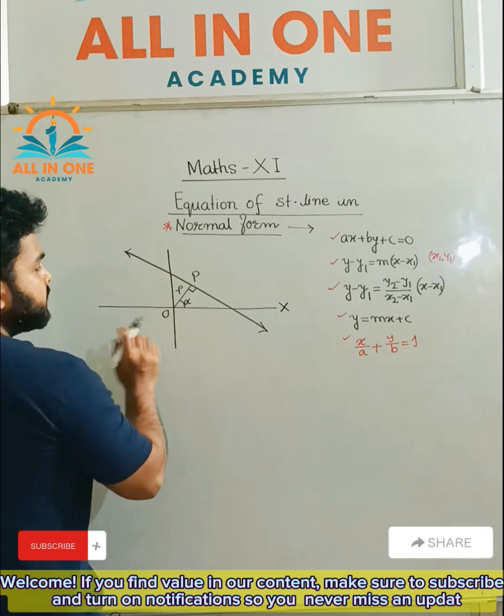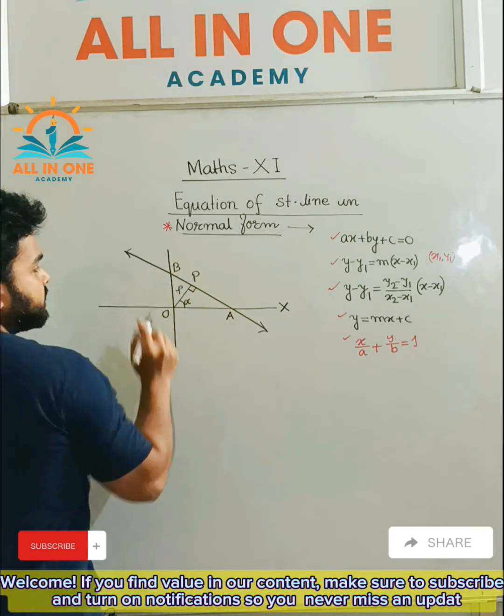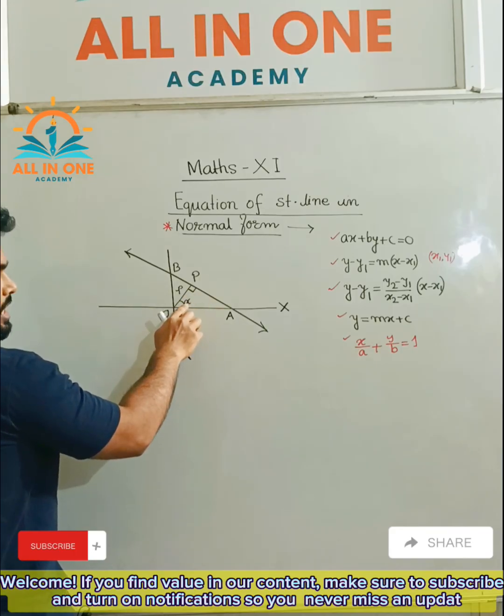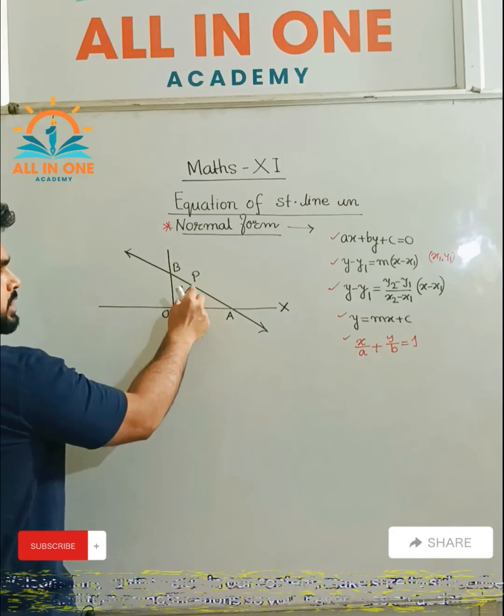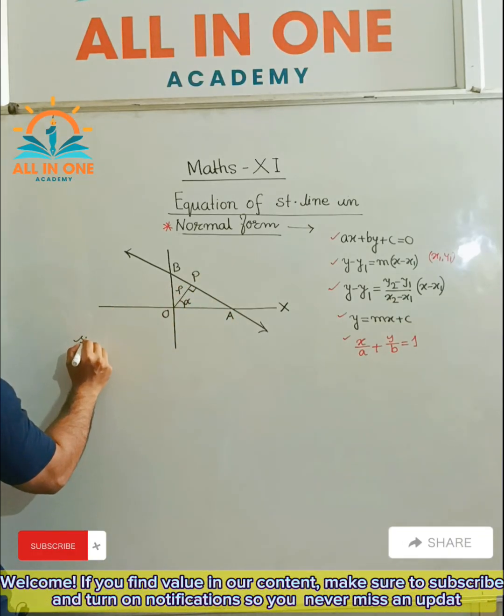Let us see how. Suppose we consider this point to be A and this point to be B. Notice in this triangle, this is 90, this is alpha. So this is the hypotenuse, this is the base, this is the perpendicular.